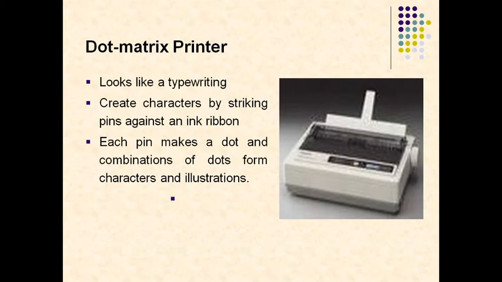There will be some pins striking against the ink ribbon. Each pin makes a dot, and a combination of dots form characters and illustrations. Just like a typewriting machine, it will print all the characters with dots.